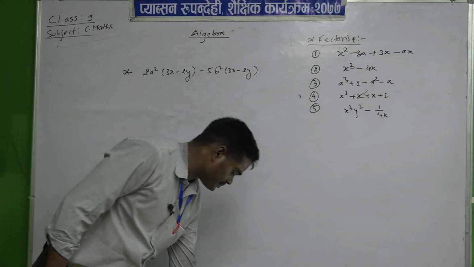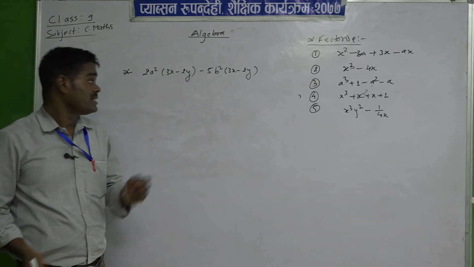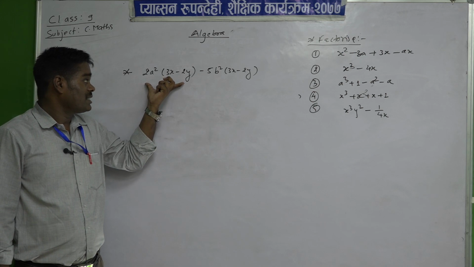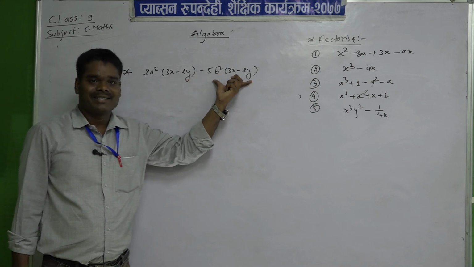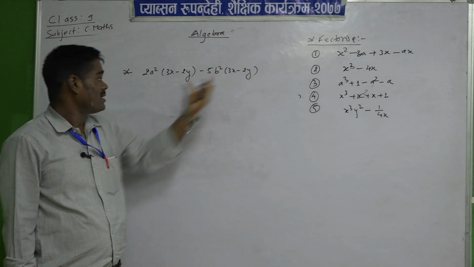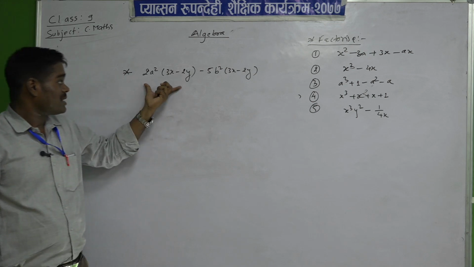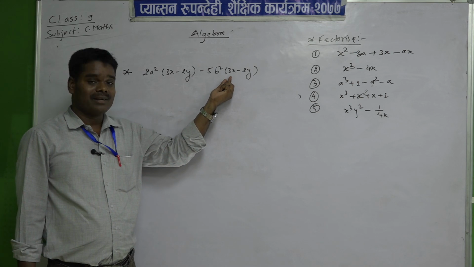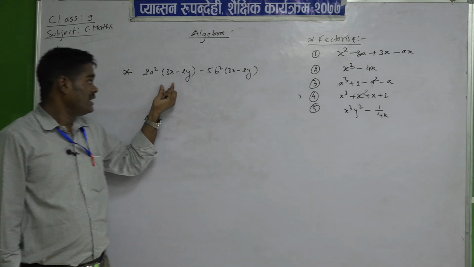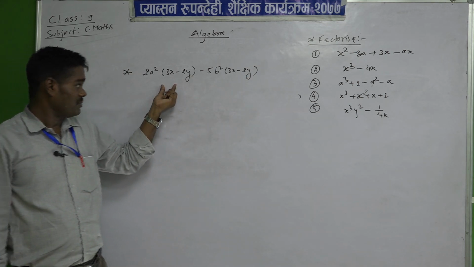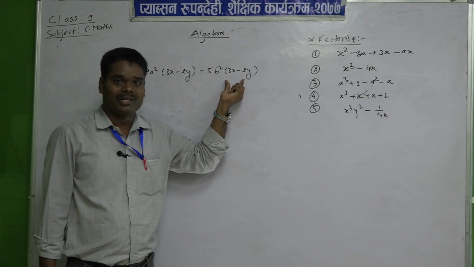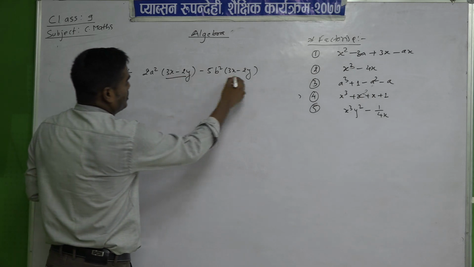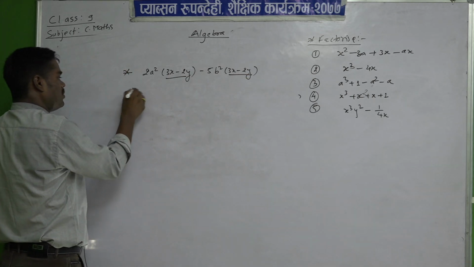See there, my dear students, are you watching? This is the first term and this one is the second term. In the first term, what is common? 3x minus 2y, and in the second term also 3x minus 2y. So 3x minus 2y lies in the first term and also in the second term, so we have to take it common.